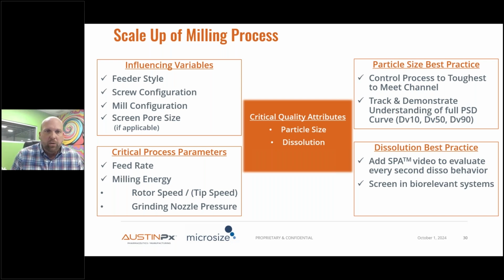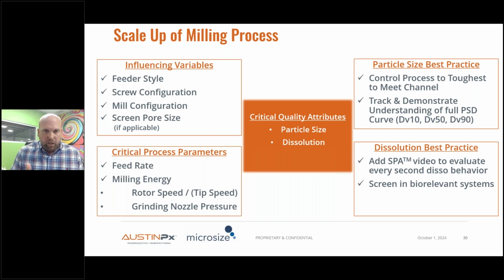So the CQAs in a milling process that we're trying to control and keep constant are the particle size distribution that's wanted, and then that leads to the dissolution that's present. So what we have found in any scale up factor is definitely understand the entire PSD curve and be tracking all points, namely the bottom side and the top side, the D10 and D90, and the median D50.